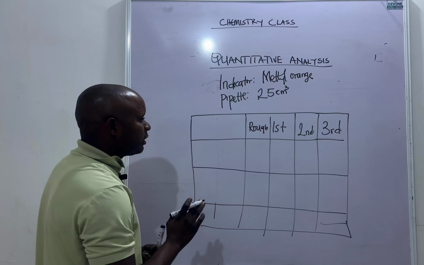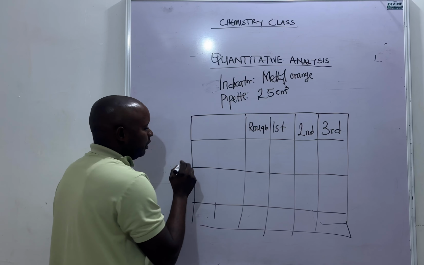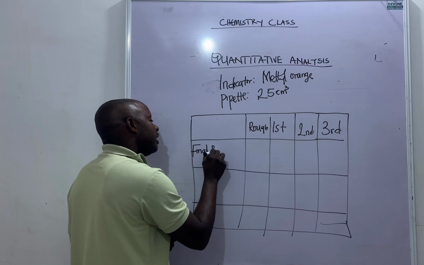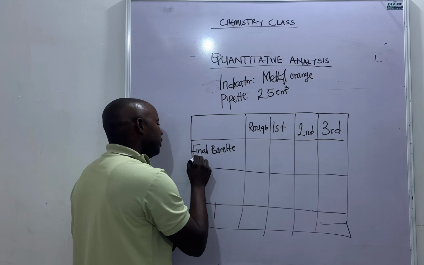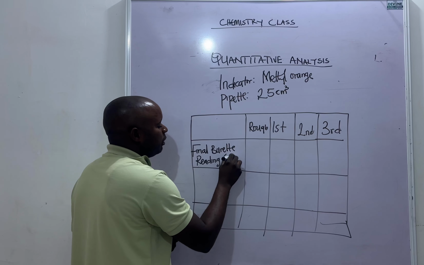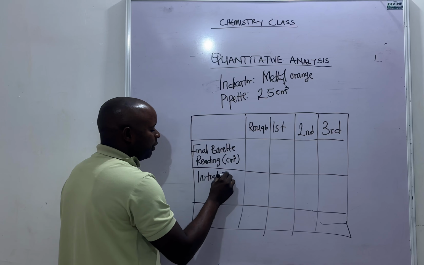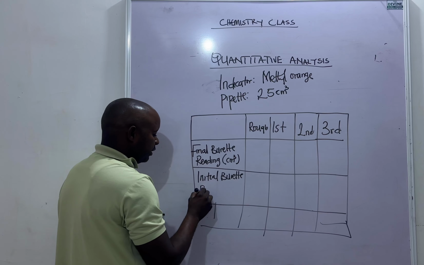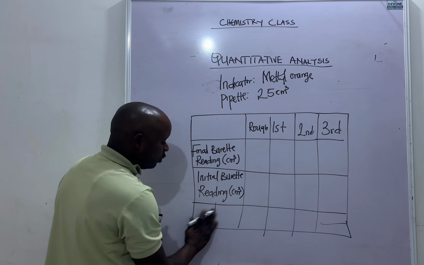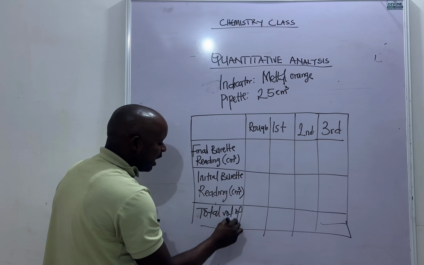As you can see, this is a practical table on how you can arrange this in your exam condition. Here we are going to have the final burette reading, which is always in cm cube, and the initial burette reading, also always in cm cube. Then we are going to have the total volume of acid used.